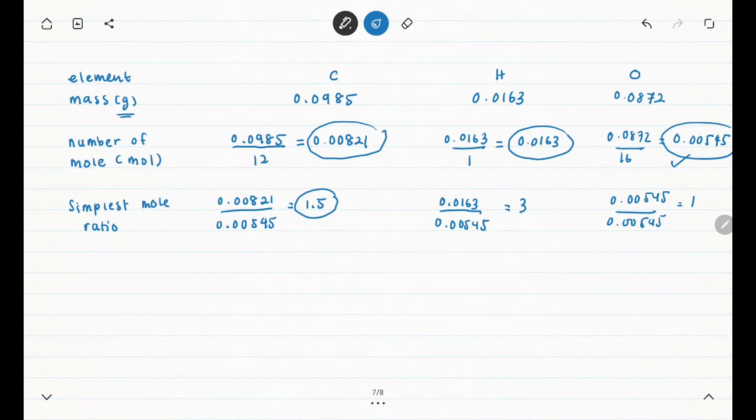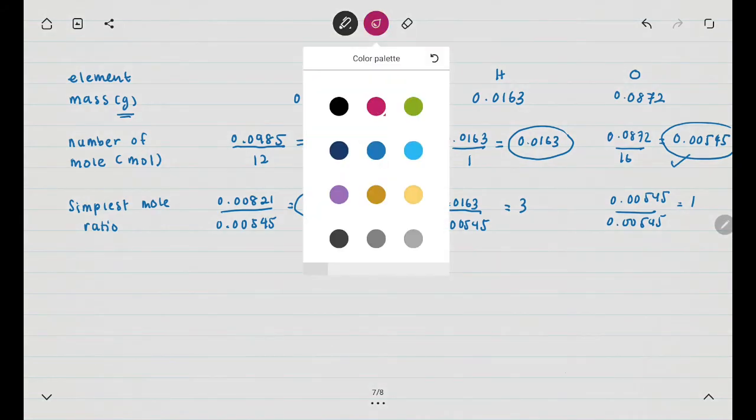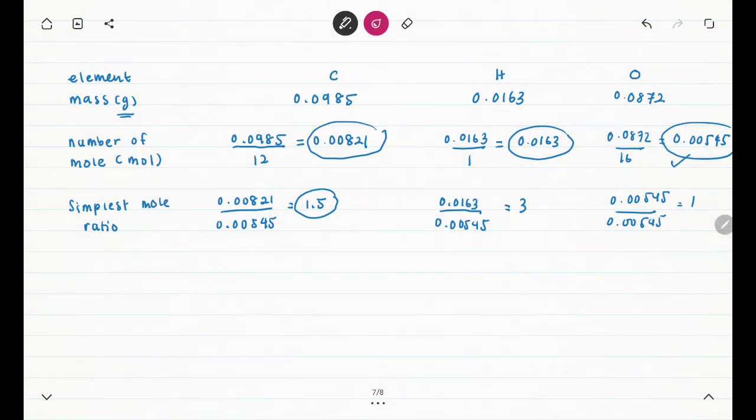Right now, can we round off the 1.5 value here? Cannot. So you need to multiply with an integer. We try first with integer 2. Let's multiply the simplest mole ratio by 2. So 1.5 times 2 is 3. You already get the whole number. If carbon has been multiplied by 2, all the other elements you need to multiply by 2.